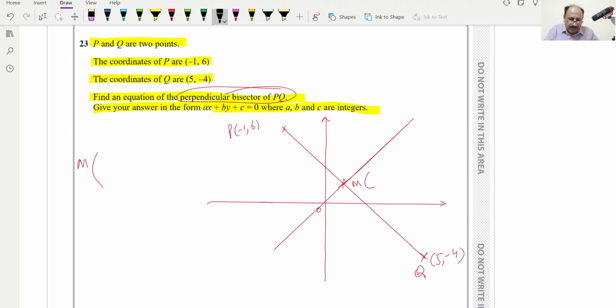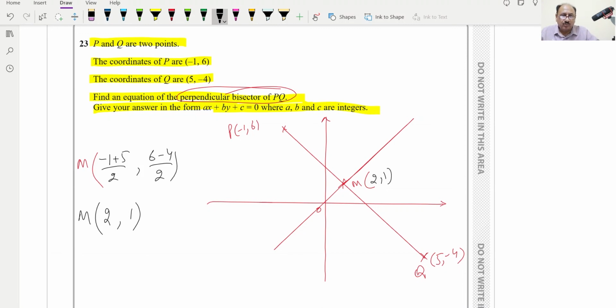M will be adding minus 1 plus 5 divided by 2, and the y coordinates also 6 minus 4 divided by 2. So M coordinates will be 4 by 2 will be 2, and 2 over 2 will be 1. So 2 and 1 will be the coordinates of M.